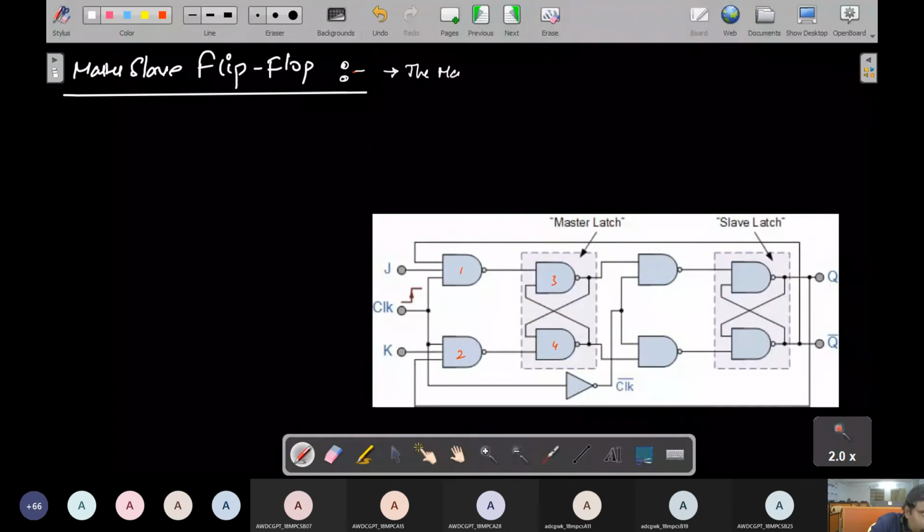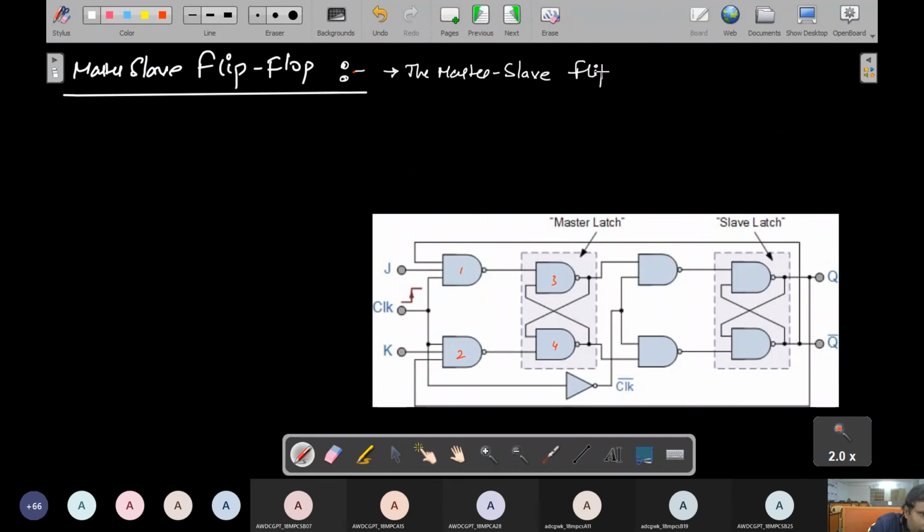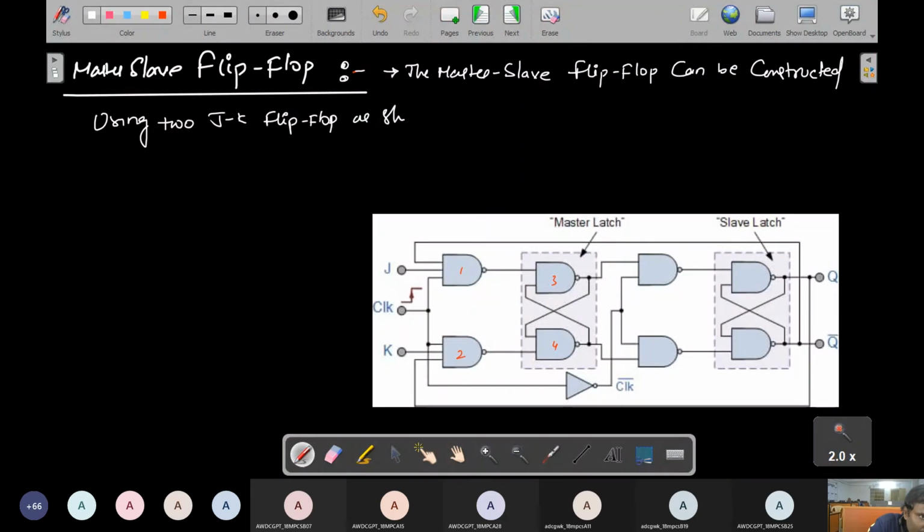The master slave flip flop can be constructed using two JK flip flops, as shown in the figure.